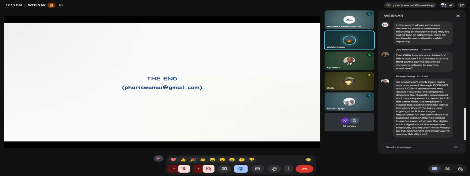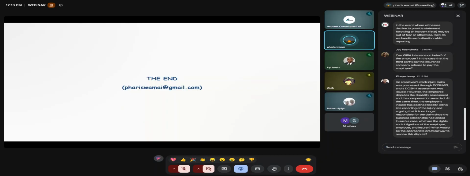In some cases, the insurance company will conduct its own investigation, and if they come to a different conclusion, then the only way to solve that is through a court of law. At that point, you have already moved on from DOSH.